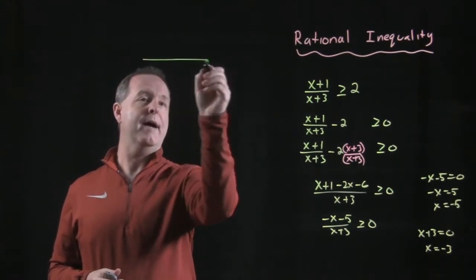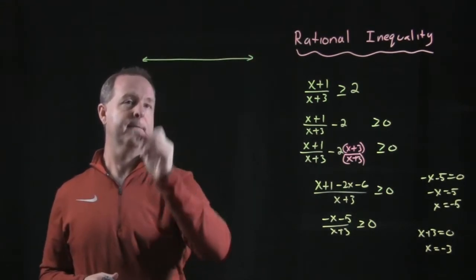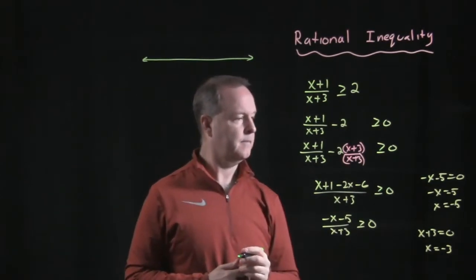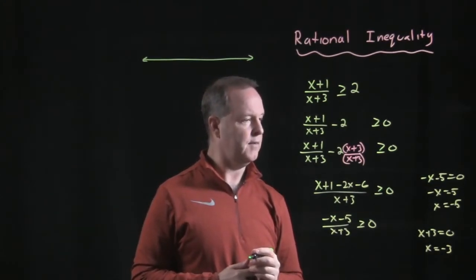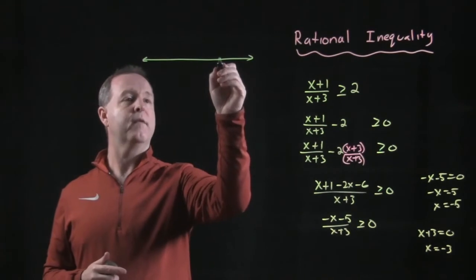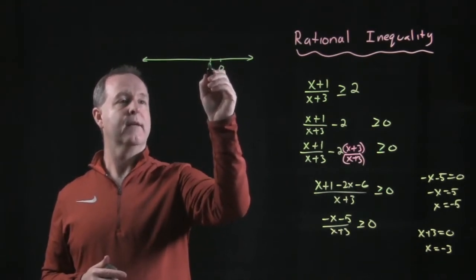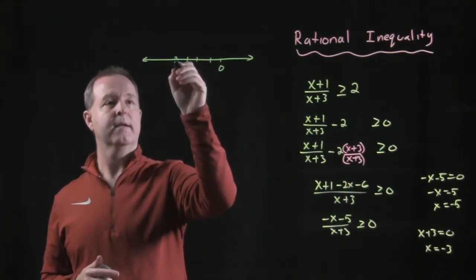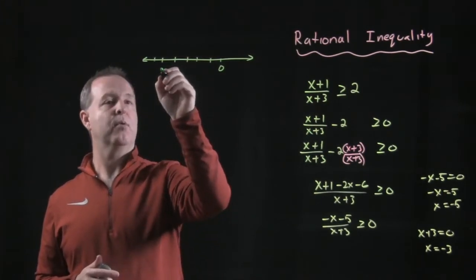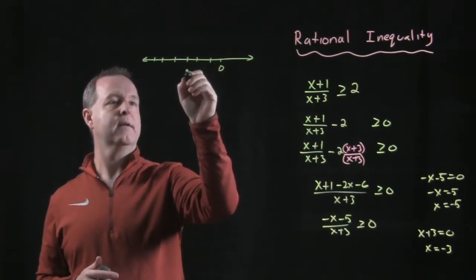So if I were to graph on a number line, and I have 0 or negative 5 and negative 3, I'm just checking they're both negative. Yep. So let's put 0 over here then. Negative 1, negative 2, negative 3, negative 4, negative 5, negative 6. One boundary point that I'm going to check is 1, 2, 3.